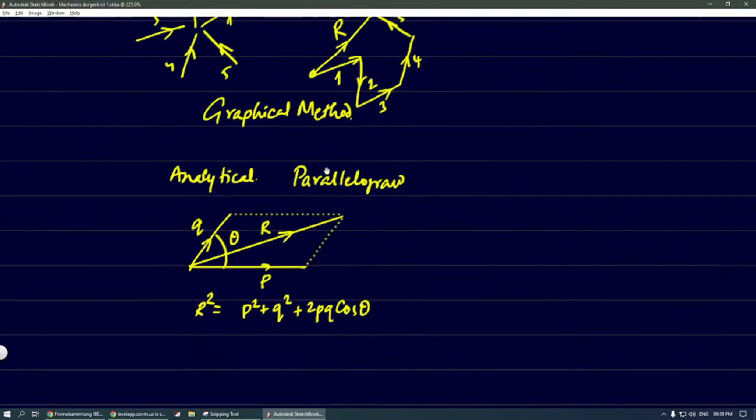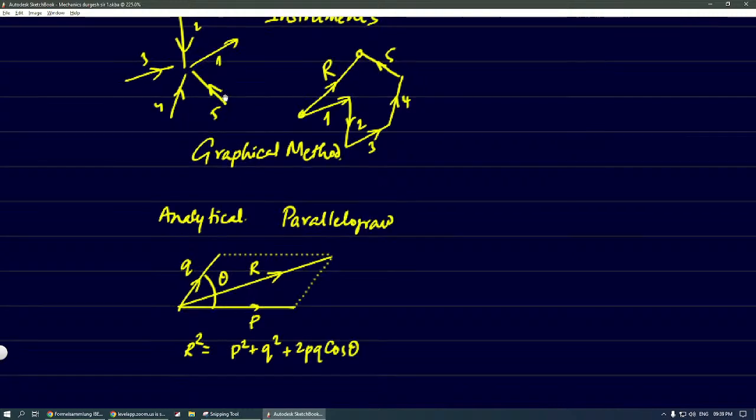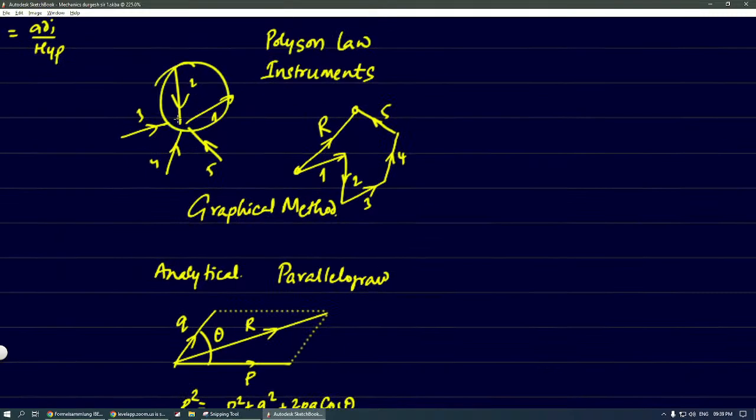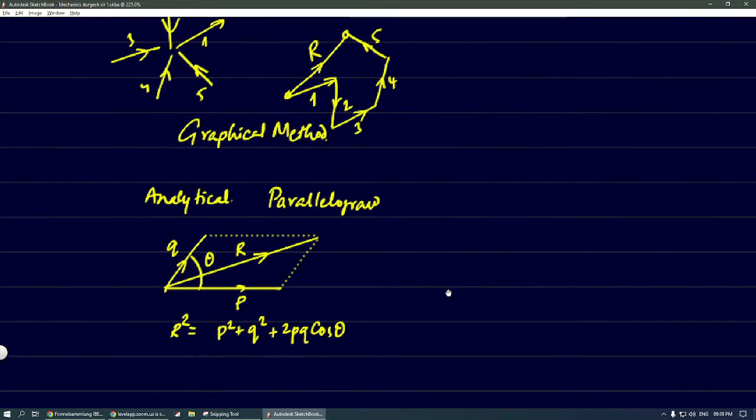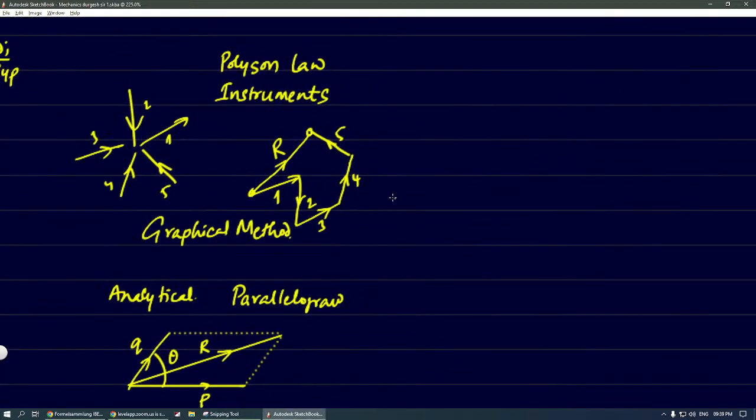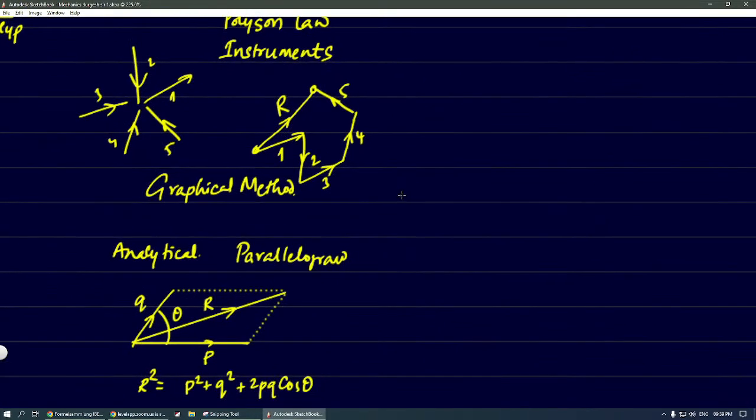But if you want to use the parallelogram law for these forces, then you have to take two forces at a time, find their resultant, then take that resultant and one more force, and find its resultant. So it's a very cumbersome and long process, right? That is where we use the divide and rule method.